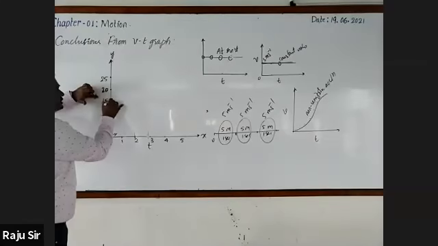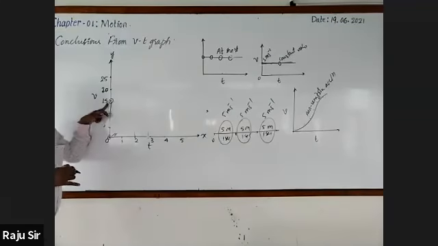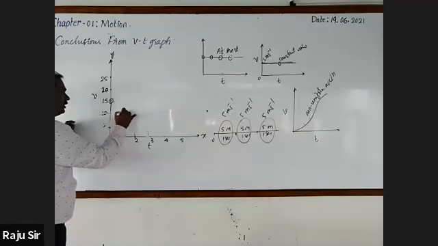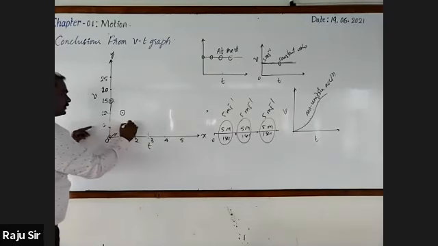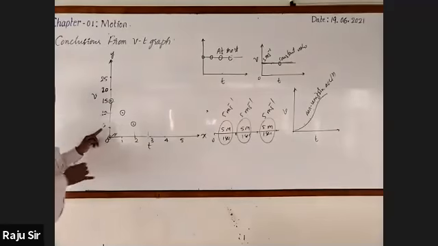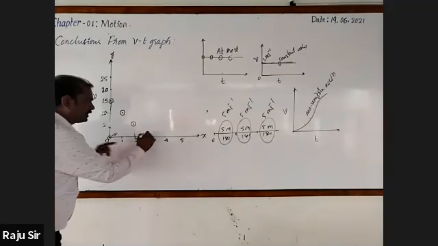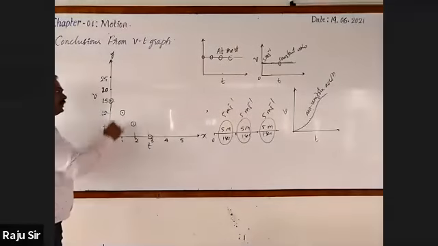Assume that you are riding the bicycle with a speed of 15 meters per second. After 1 second, your bicycle speed comes to 10 meters per second. After 2 seconds, it comes to 5 meters per second. After 3 seconds, it comes to 0.